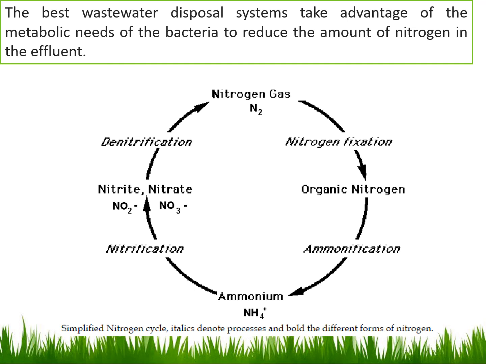From this ammonia, we form nitrate by nitrification. This nitrate is converted into atmospheric nitrogen by denitrification. A complete nitrogen cycle, very important and very easy to understand, and it is in the basics of BOD and wastewater engineering.